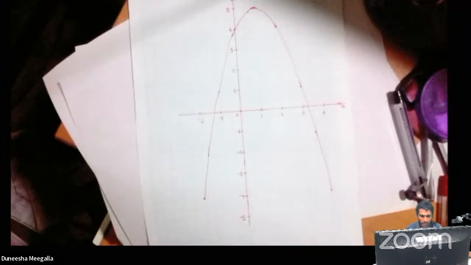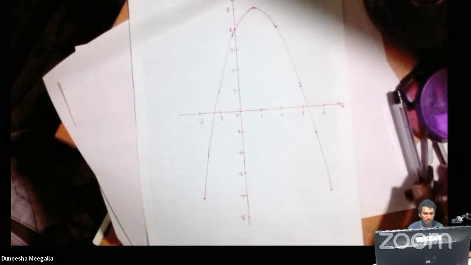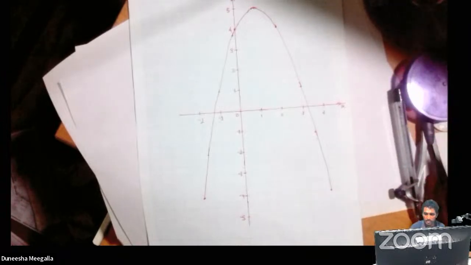Okay, did you get the answers? Find the range of values of x for which y is decreasing and y is between minus 4 and plus 1. What is the decreasing range? I'm finding the answer for the third one.